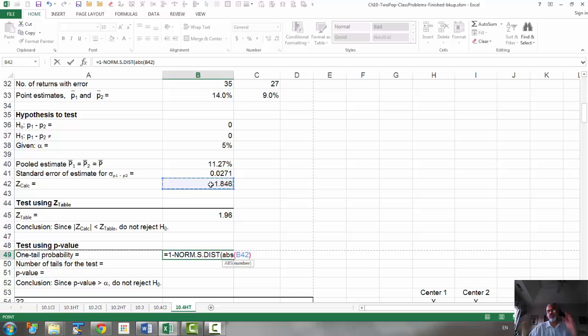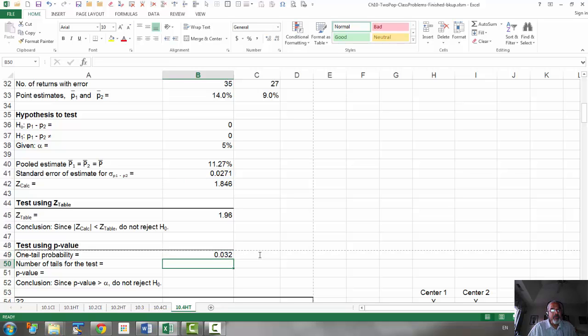So make sure that, because it could be both positive or negative, so you need to force it to the positive side, and comma 1 for cumulative probability. So this part will give you the cumulative probability. So when you do 1 minus, you get the tail probability. The number of tails we have is 2, so you multiply the tail value with 2, then you get the p-value. So make that into a percentage.